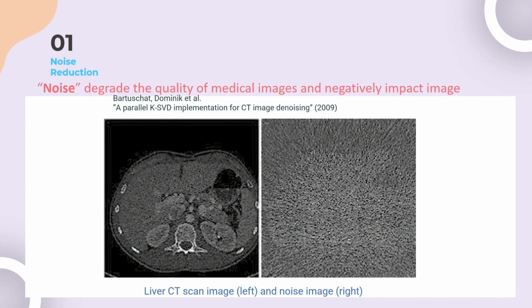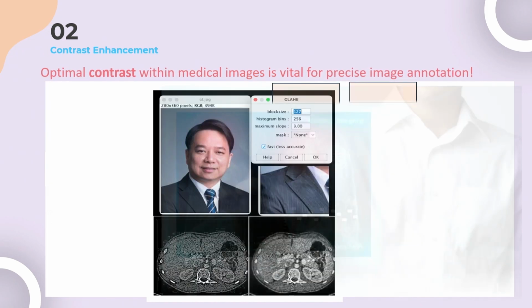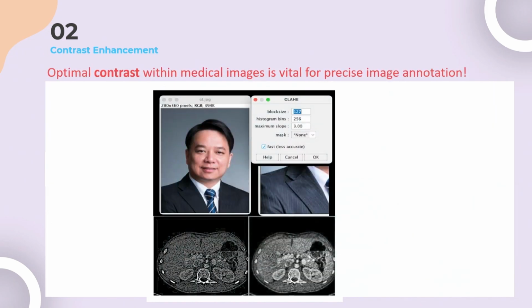So if we are able to eliminate all the noise, of course that will improve the image quality. But at the same time, if you do over-filtering, that will also eliminate some of the very useful information, all right? So that's a balance.